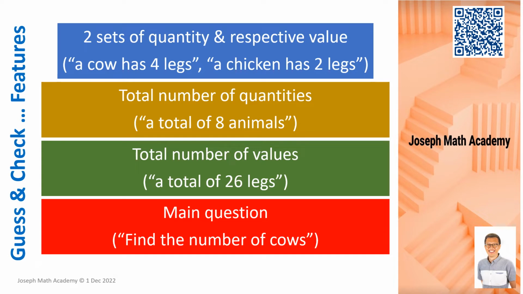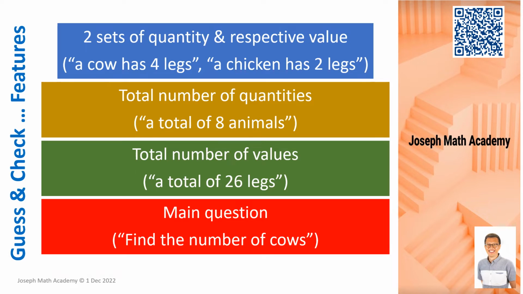Now, guess and check has special features. And what are they? For guess and check, usually there are two sets of quantity with their respective values. Let me give you an example. The first set: a cow has 4 legs.